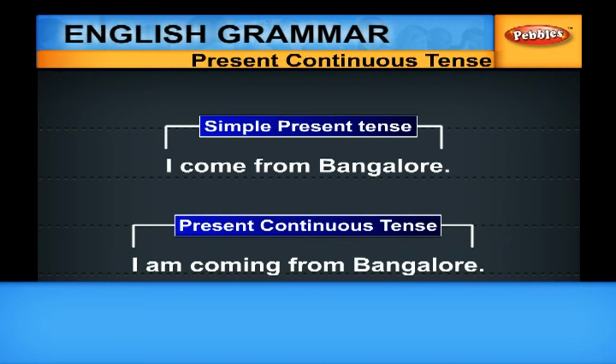When I say I am coming from Bangalore, you are driving or you are in the process of traveling and the action is progressing. So, when the action is progressing, you have to use continuous form.